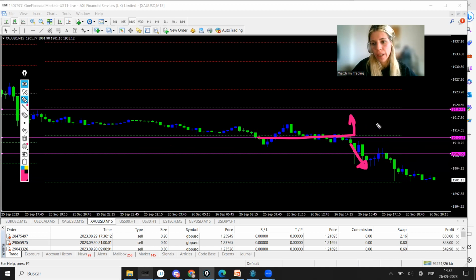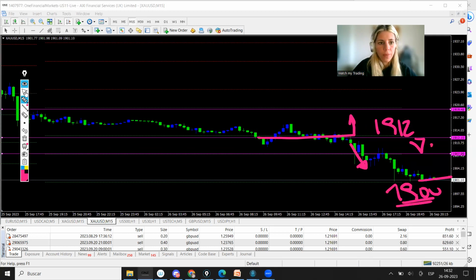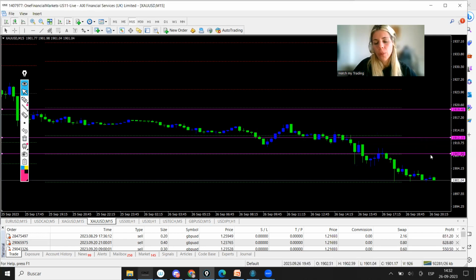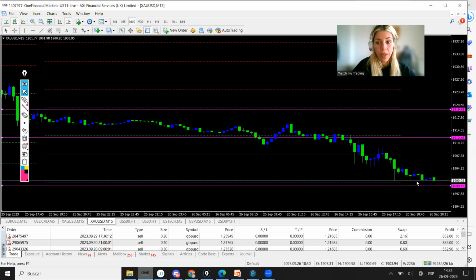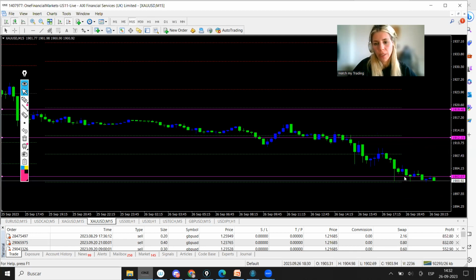So basically today, below 1912, everything was for the seller. And we are approaching now 1900, which below 1900, we're going to go for even more sellers. But above it, we might wait for the buyers. But that's a different situation. What's important here now is to identify the equilibrium price for future references.